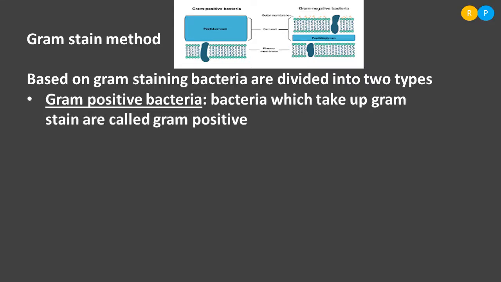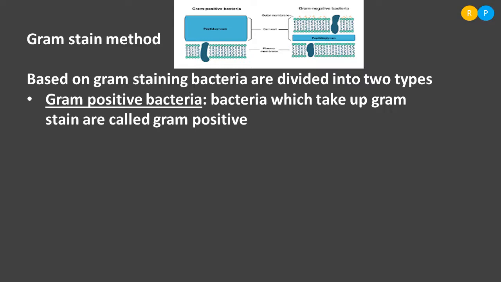So one type of bacteria is named as Gram positive bacteria. So why is it named as Gram positive bacteria? When this group of bacteria is treated with the Gram stain, they take up the Gram stain and appear blue in color. Because they absorb the Gram stain, they change their color and appear blue.